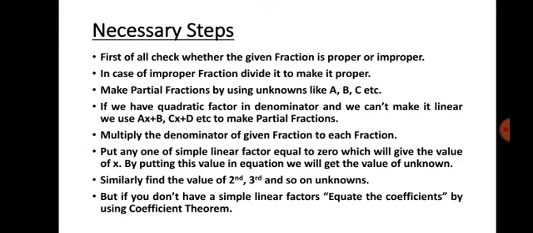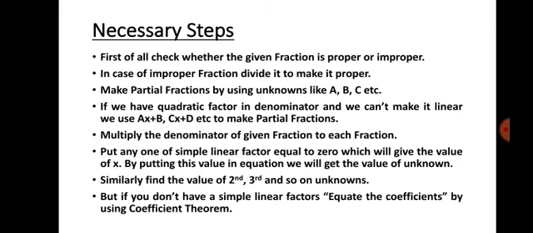Moving on, the next step will be to multiply the denominator of the given fraction to each fraction that we have made. Put any one simple linear factor equal to 0, which will give the value of x. By putting this value in the equation, we will get the value of the unknown.